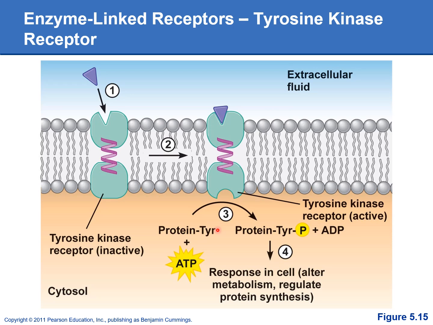And it specifically will phosphorylate the amino acid tyrosine in the protein, and that's how it got the name tyrosine kinase, because it actually phosphorylates that tyrosine amino acid in the protein. Okay, but just remember it's a kinase enzyme, so it's going to phosphorylate things. And then this phosphorylated protein will then cause the cell response in this target cell. So maybe it's going to turn some other enzymes on or off. Maybe it'll end up turning genes on and off. So there's a number of things that can happen there.